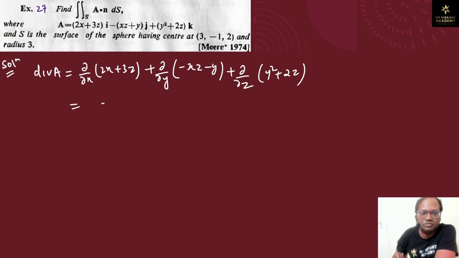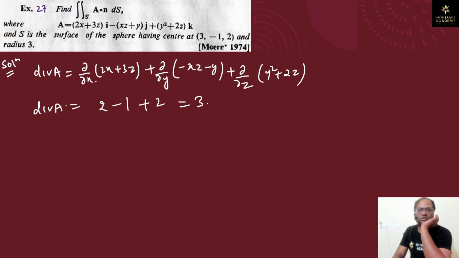So this is equal to 2, this is minus 1 and this is plus 2. This is equal to 3. Divergence of a: from here it is 2, this is minus 1, 2 minus 1 is 1, and here it is 2. This is 3 units.